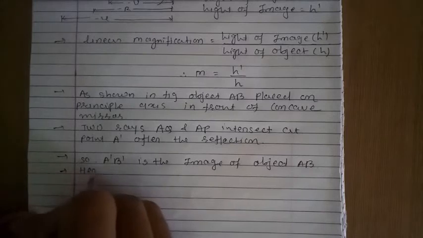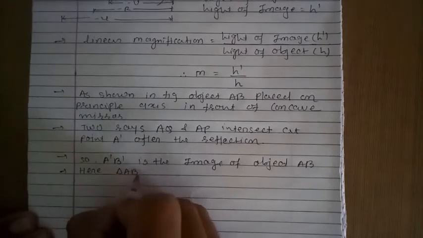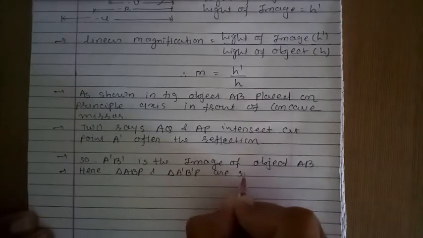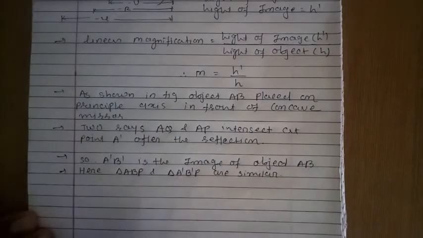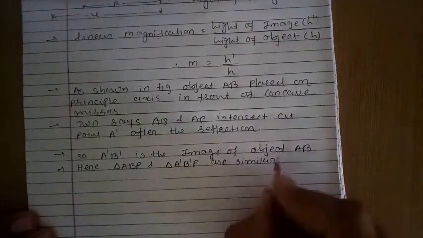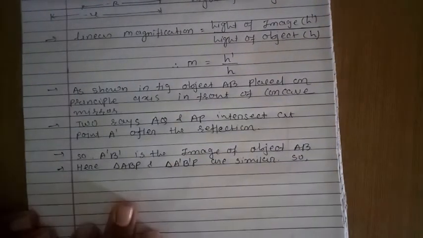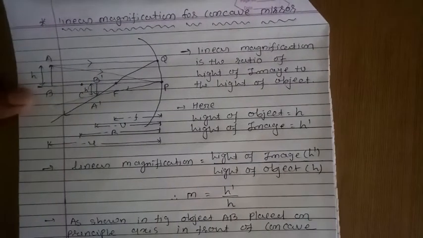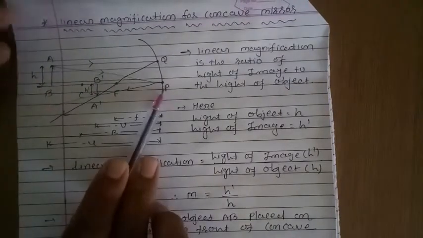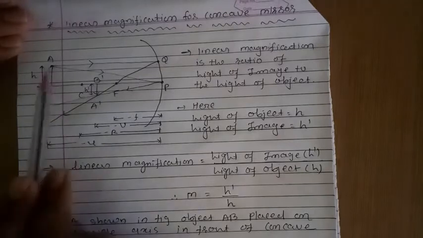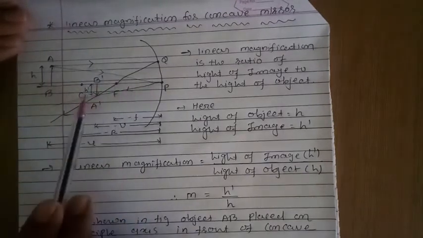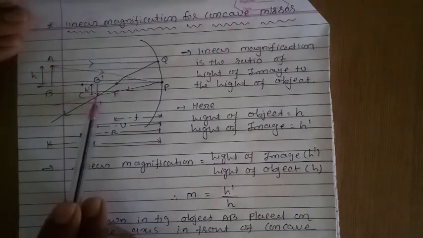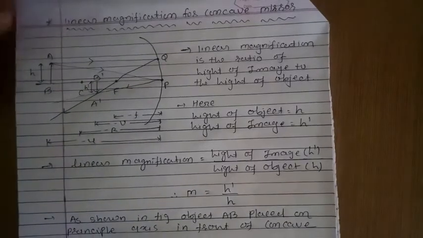From geometry, AB upon A dash B dash is equal to BP upon B dash P.